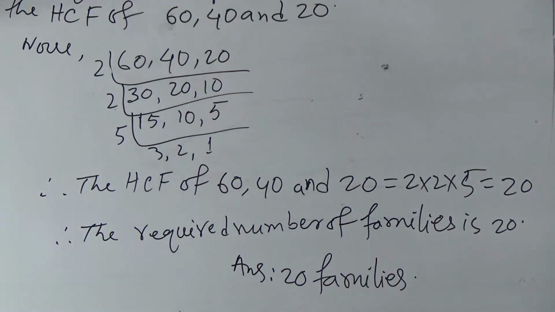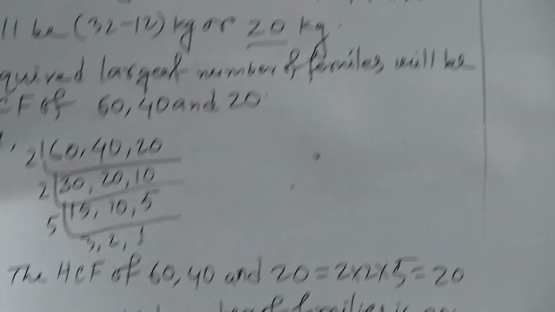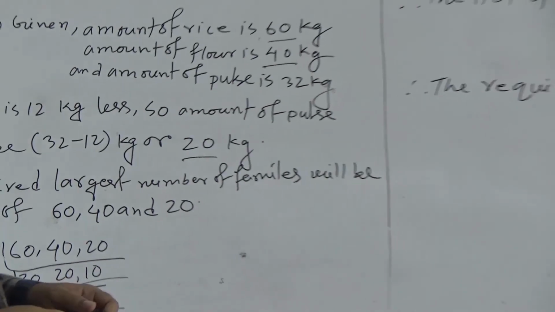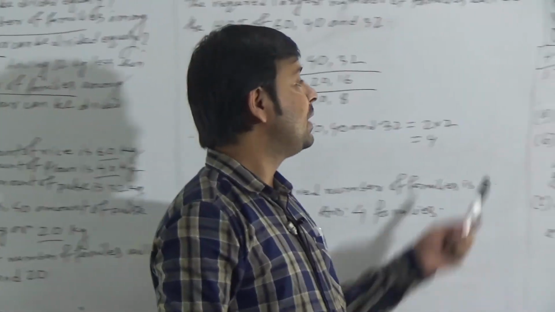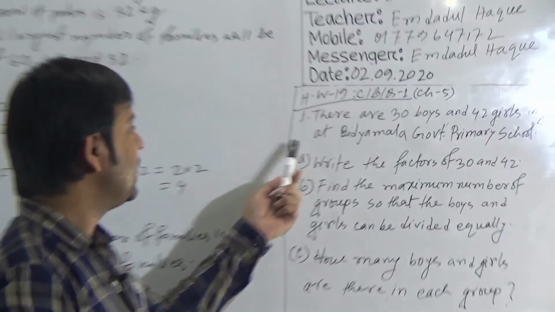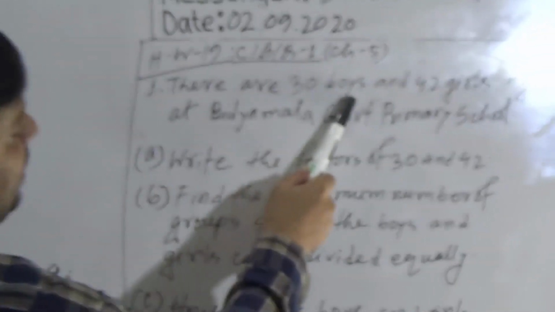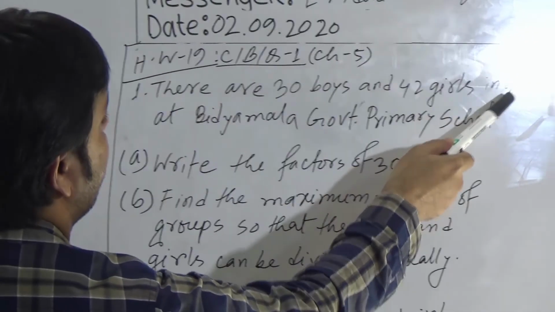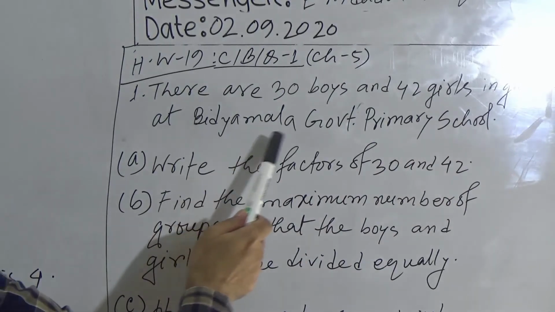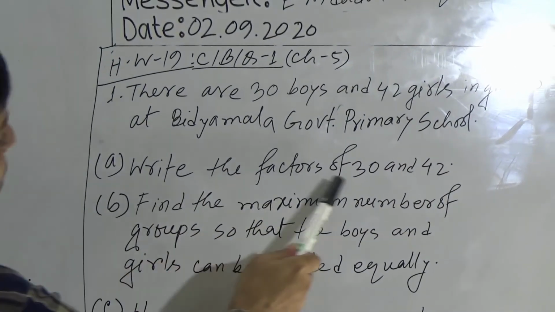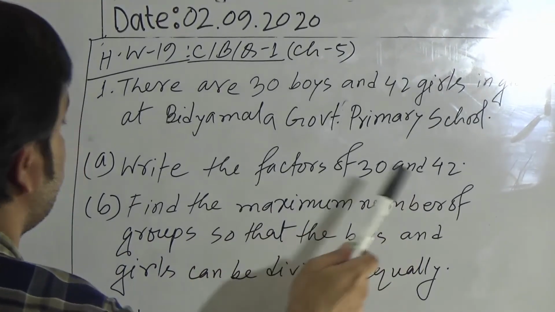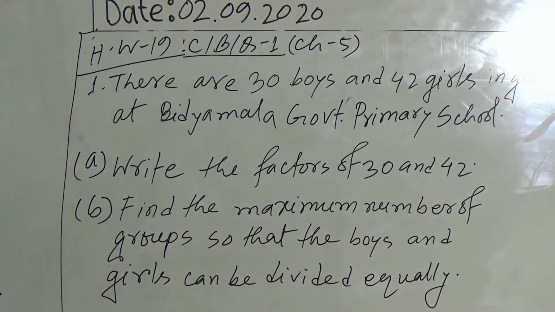Okay, dear students, I hope you have understood our today's lecture. A question is given for your homework, that is CBQ 1. There are 30 boys and 42 girls in grade 5 at Vidyamala Govt Primary School. Question A: write the factors of 30 and 42. You know how to find the factors.